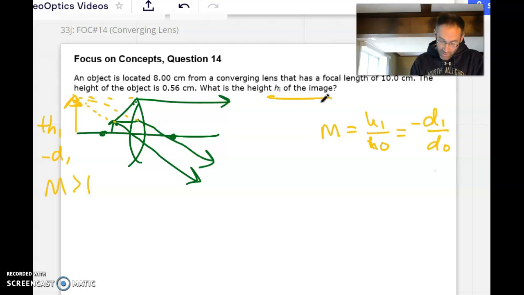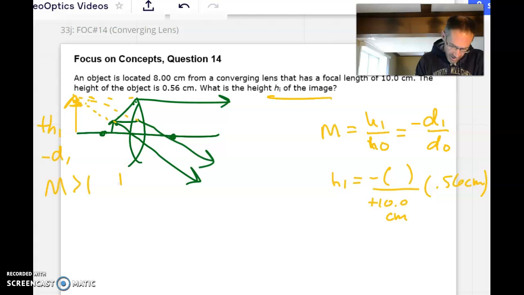And so if I wanted the HI, all I'd have to do is take the negative di, divide by the do, which they told me is positive 10 centimeters, and multiply by the ho. And the ho is 0.56 centimeters. So this is going to be pretty easy. As soon as I figure out what to put in that numerator, bingo, I'm done.